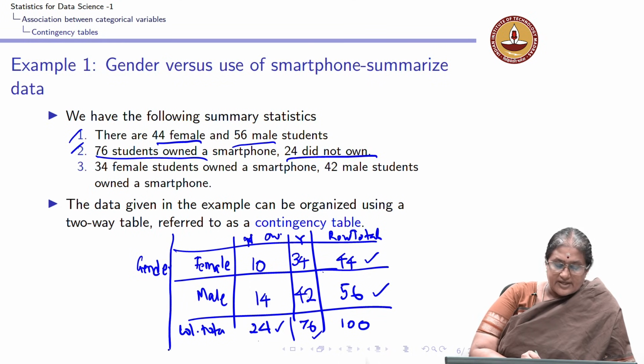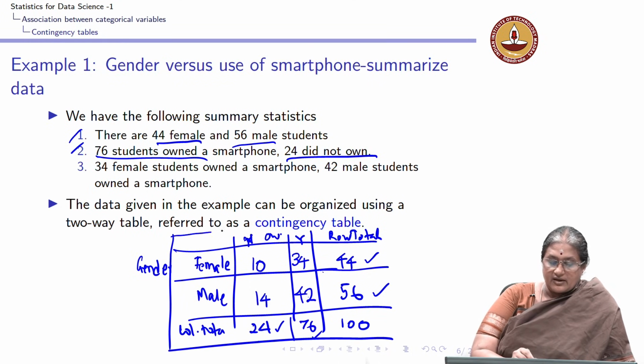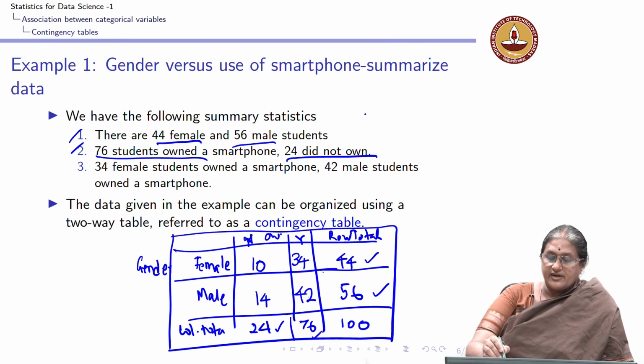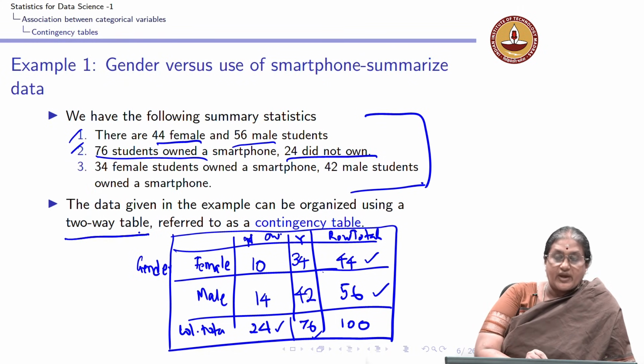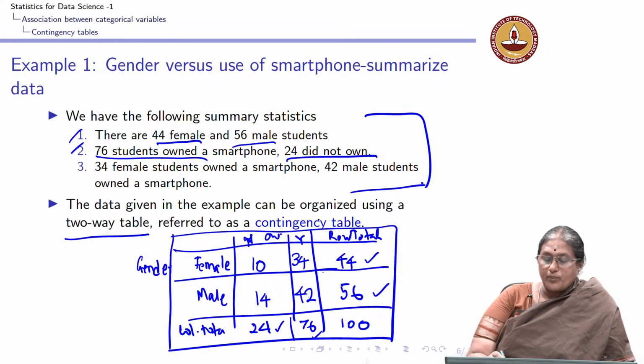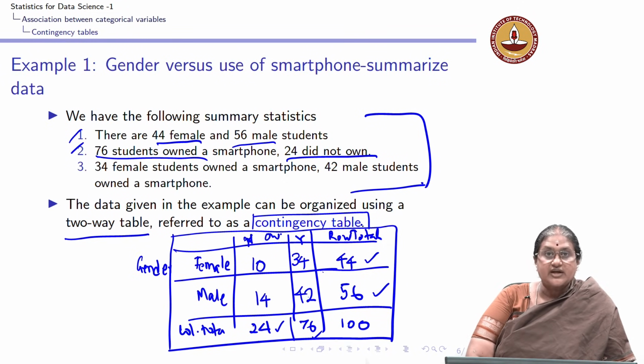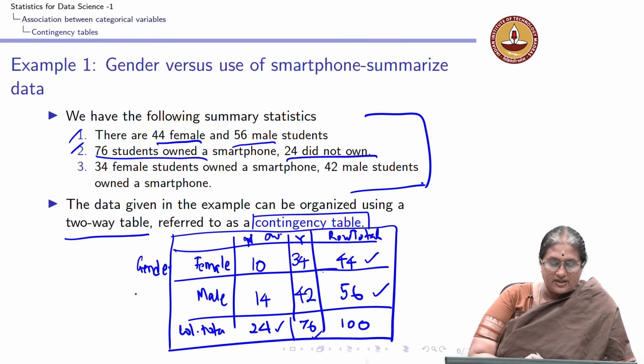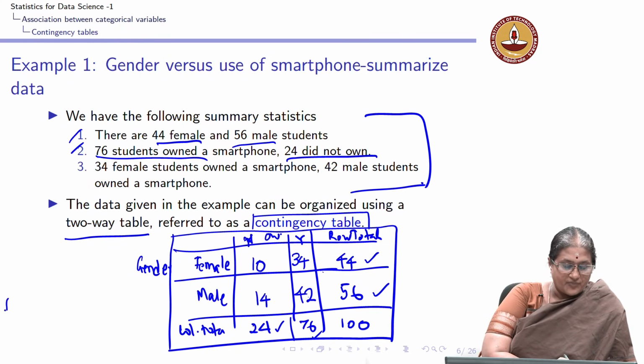So, summarizing this data is referred to as a two-way table, more popularly referred to as a contingency table. How do we construct a contingency table? To construct a contingency table, we look at the levels of the first variable.